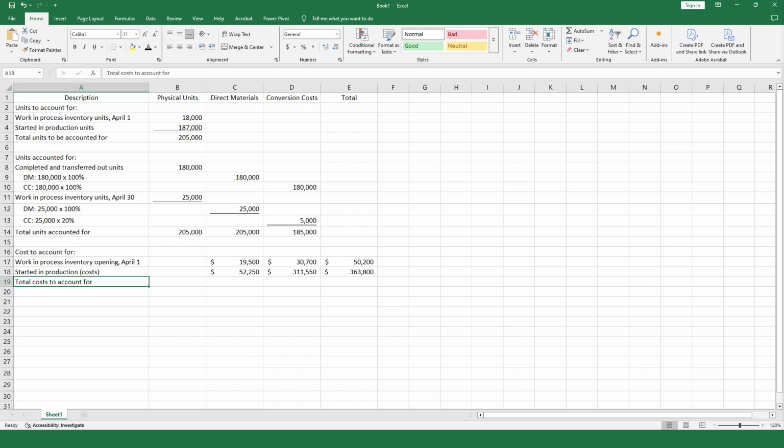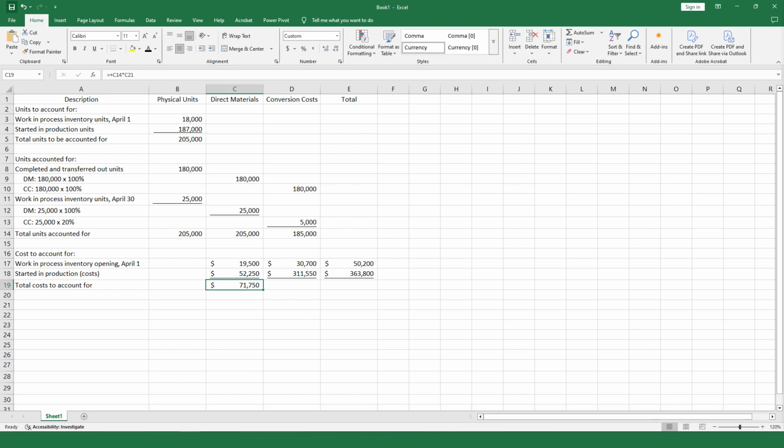We can now determine the total cost to account for. We add the costs incurred for the opening work in process inventory and the costs which were added during April. Again, this is similar to the total units to be accounted for, only with costs this time. This duplication really helps you during tests because you can basically repeat the process from the units for the costs. Add in column C, direct materials, $19,500 plus $52,250 is equal to $71,750.